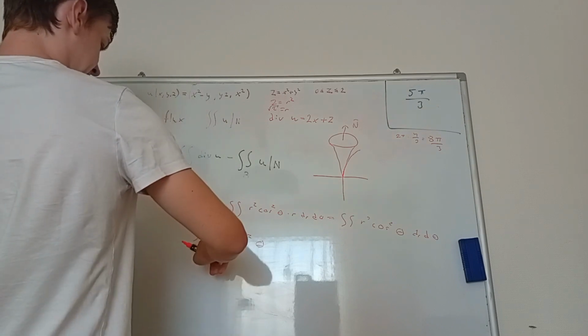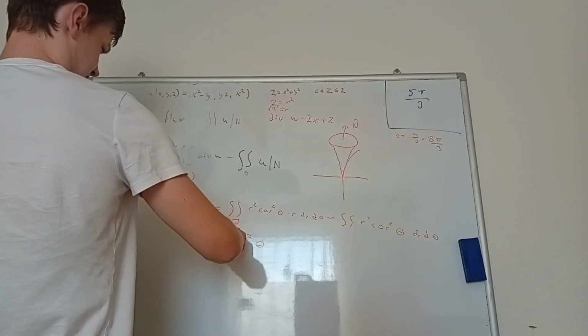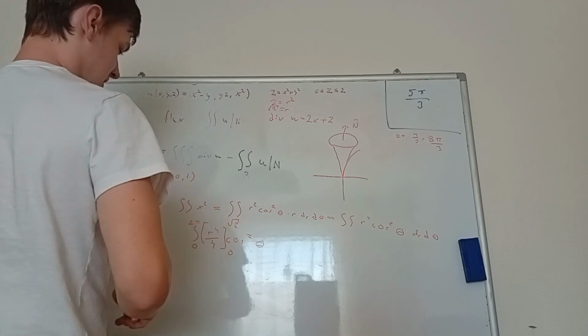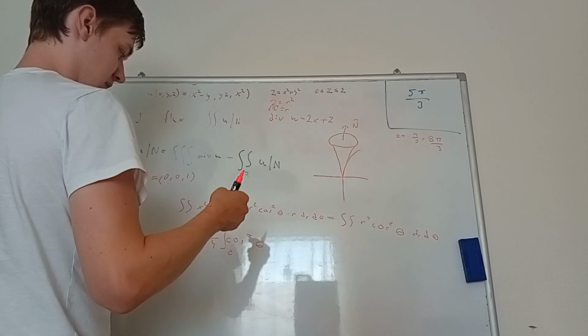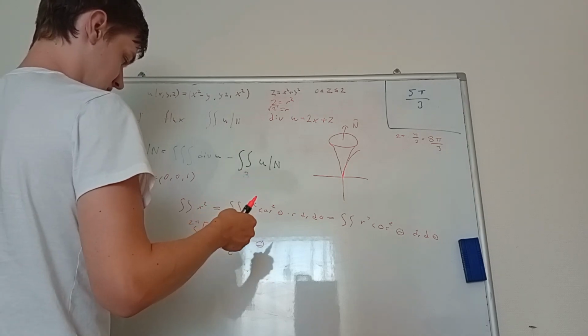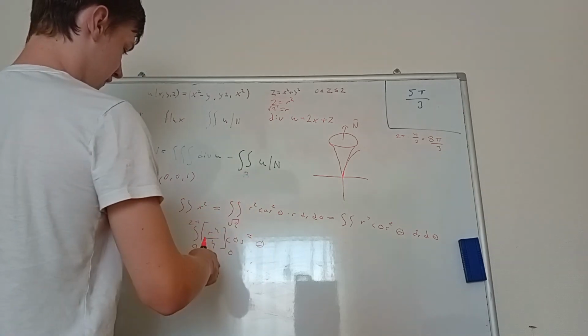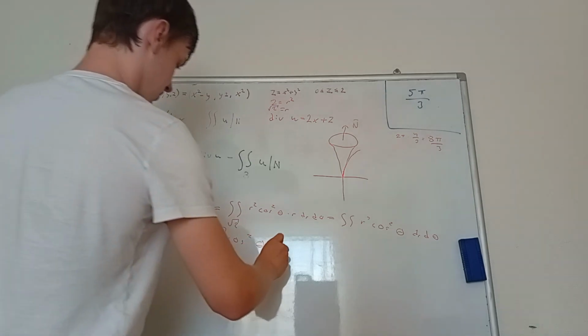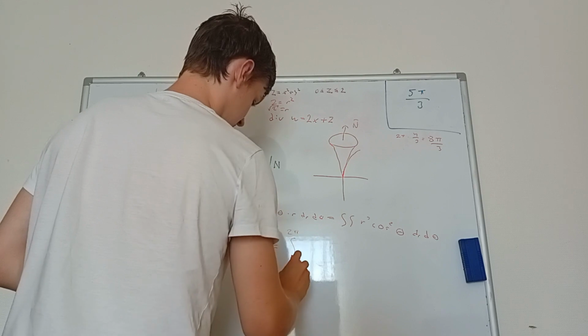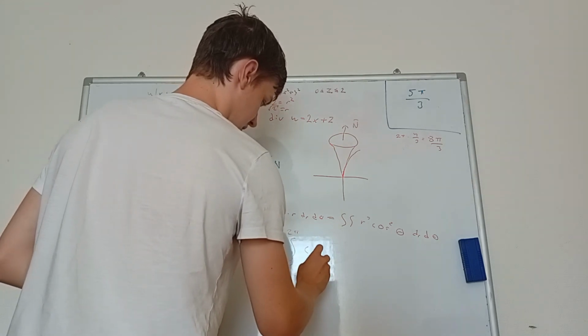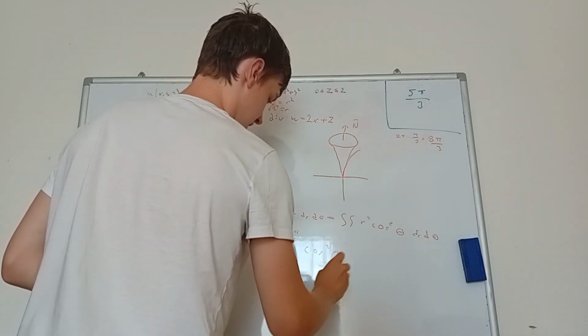So the square root of 2 to the fourth power is the same thing as 2 to the second power, and that's 4. So 4 over 4 is 1. So we just have the integral between 2 pi and 0 of cosine squared theta.